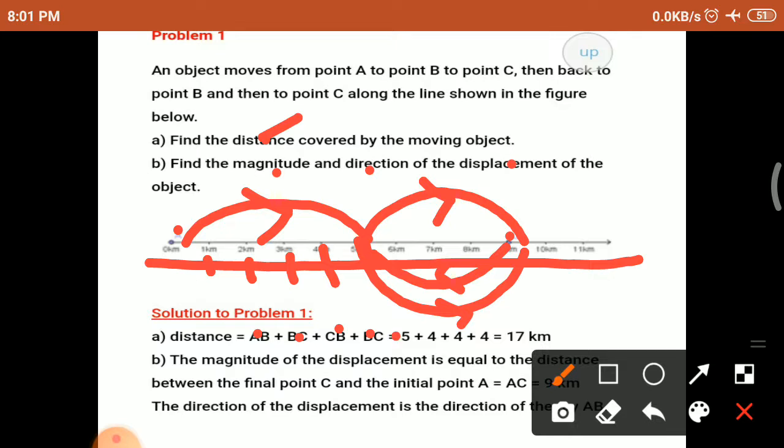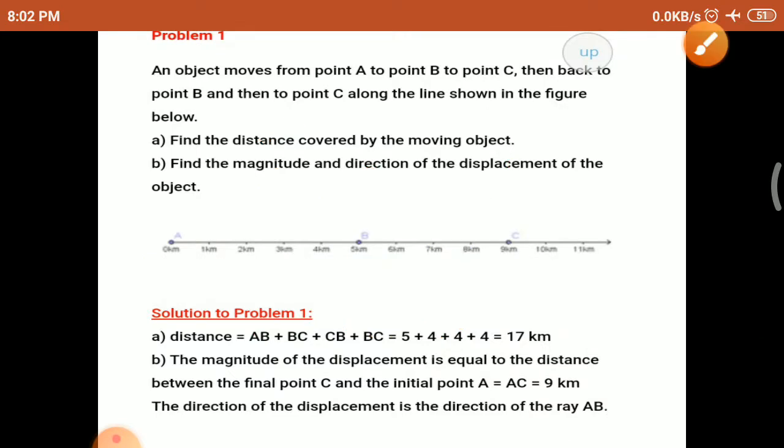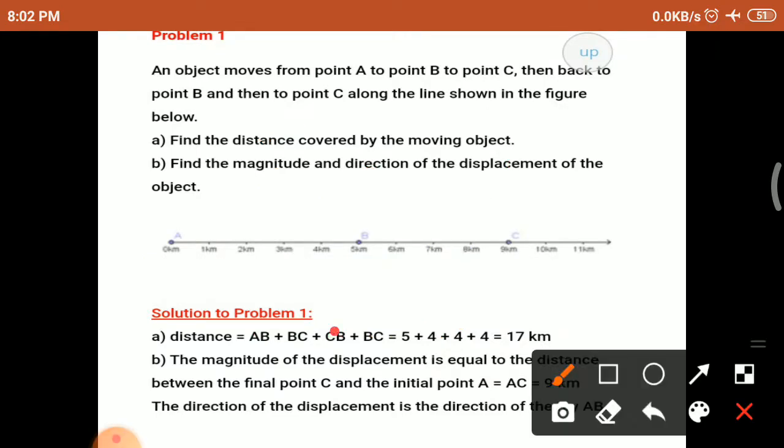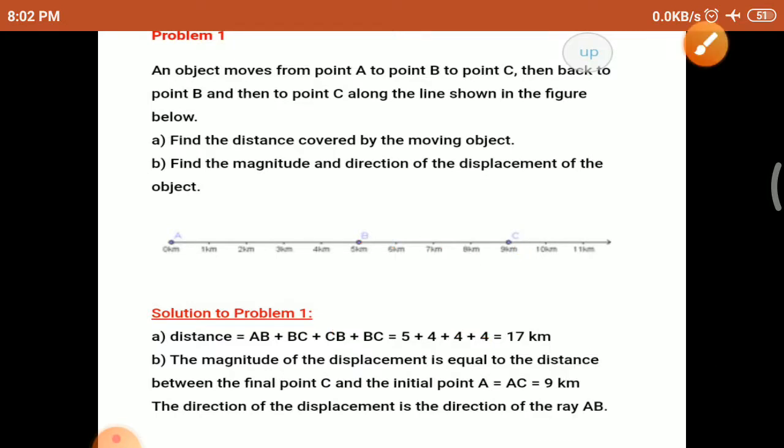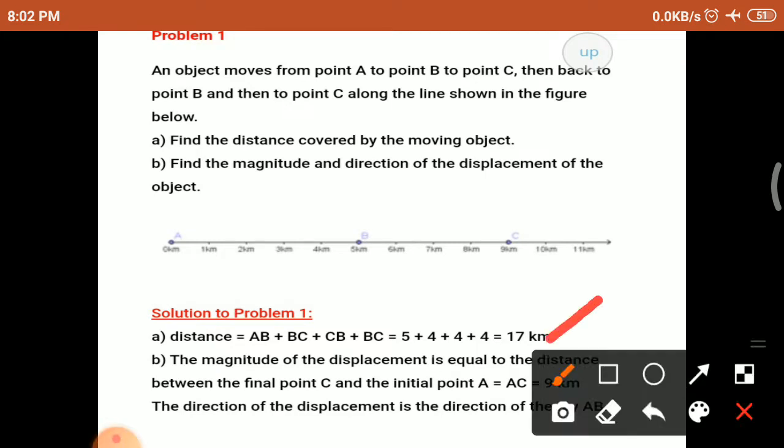B to C is 1, 2, 3, 4, it covered 4. C to B is 4 kilometer. B to C is 4. So 5 plus 4 plus 4 plus 4 is 17 kilometer. So the distance covered by the moving object is 17 kilometer.